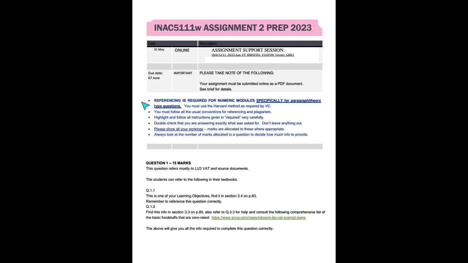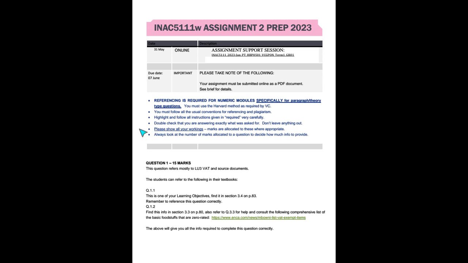Wherever you've had to do a calculation, just underneath your table with your answers, give us the calculation that you've done. If you do that, I can always give you working marks. But if you haven't shown your calculations and you've just written down a wrong answer, then I won't be able to give you any marks for the question at all.